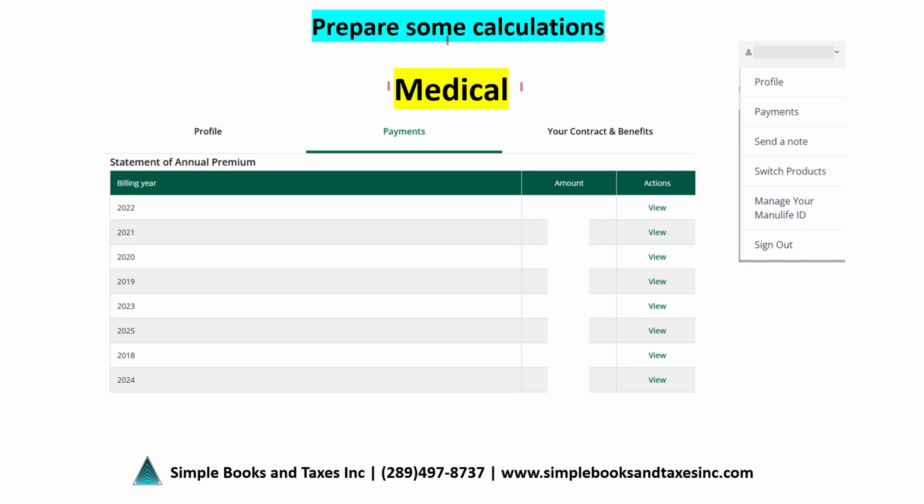So we have to log into the health insurance website, go to payments, and from the payments, we will find the statement of annual premium. Look for the year of taxation, find the information that you are looking for over here, and keep it for your records.